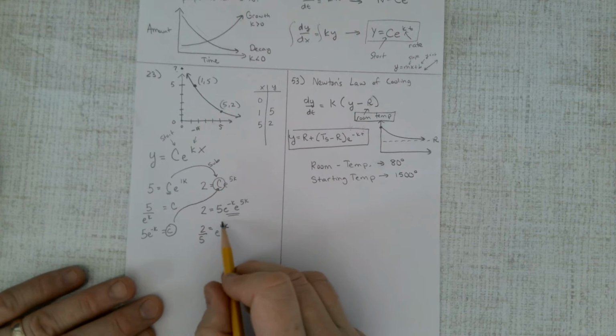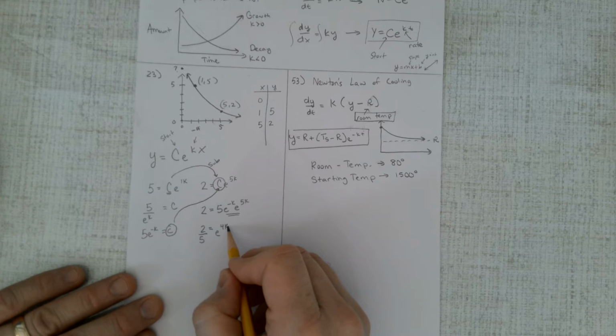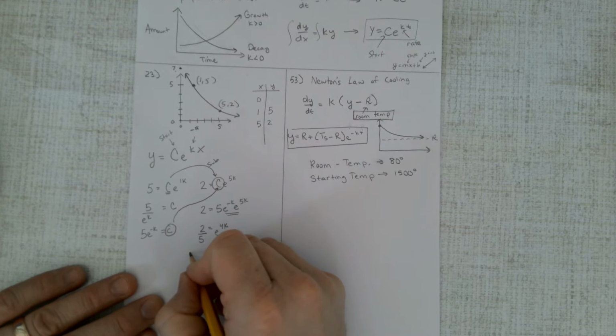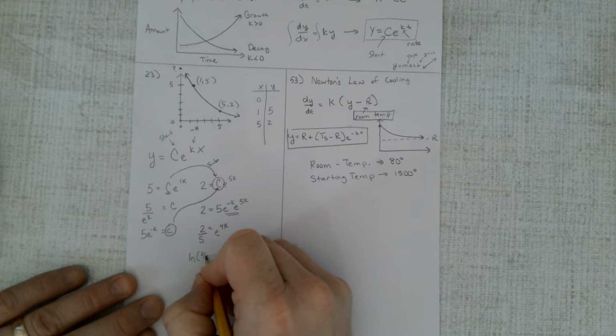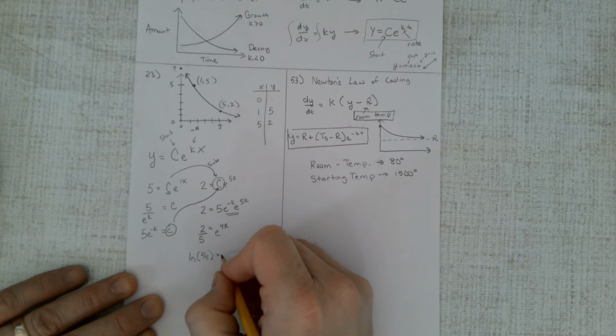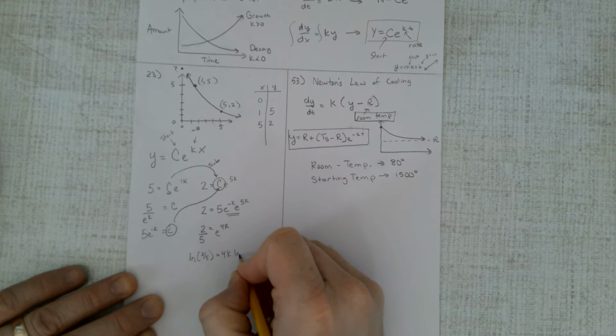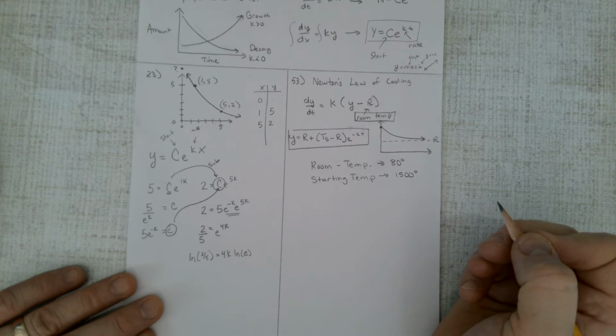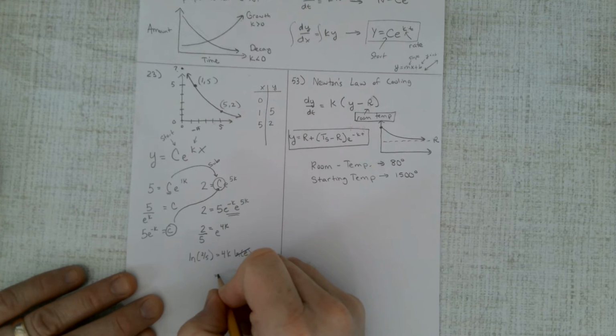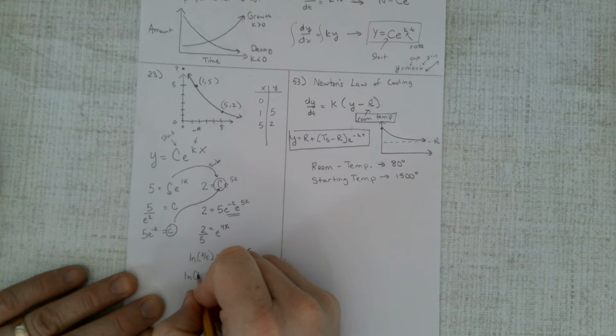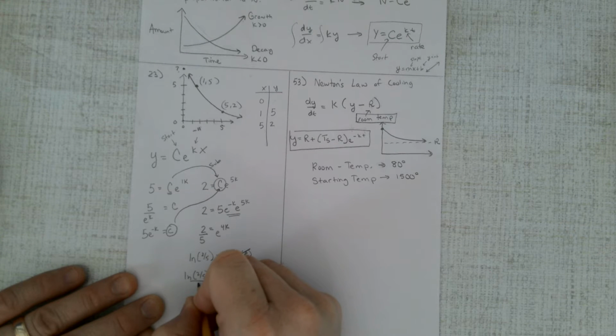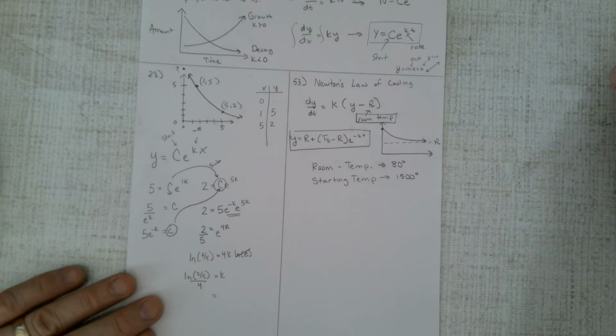Now I'm trying to solve for this k, which is up as an exponent. We only have one step: take the log of both sides, which drops the exponent down, and now I have the log of e, which is 1. So k is equal to ln of 2/5 divided by 4. Let's hope that's negative.